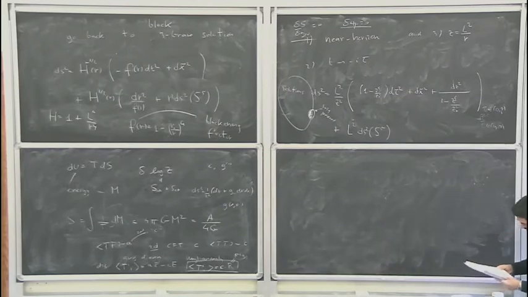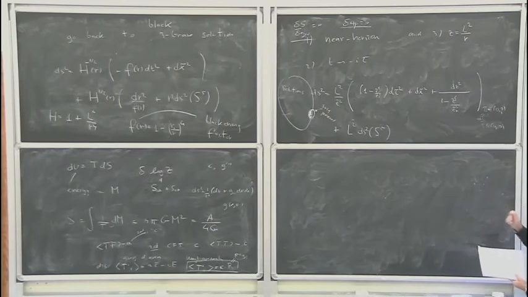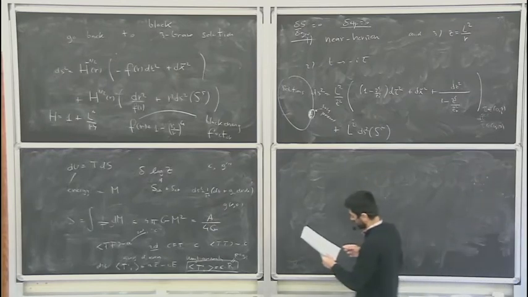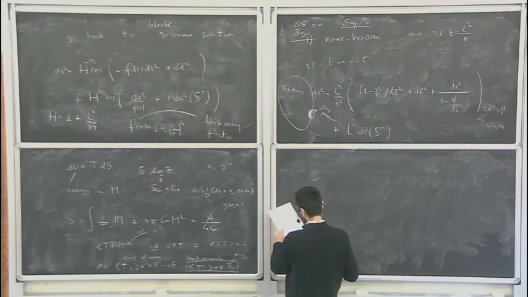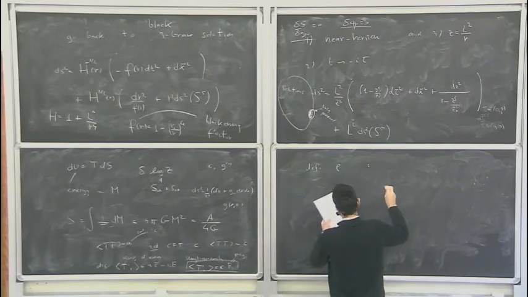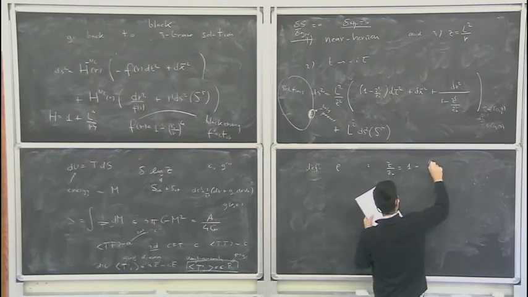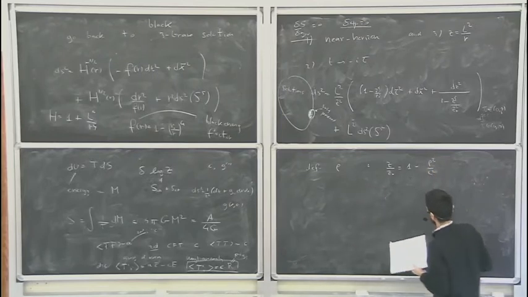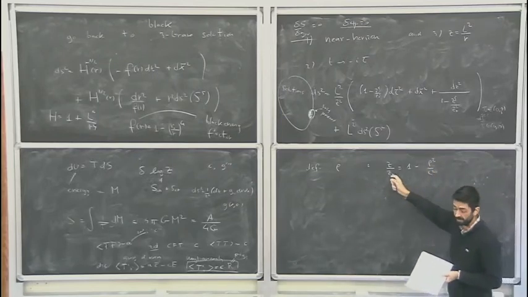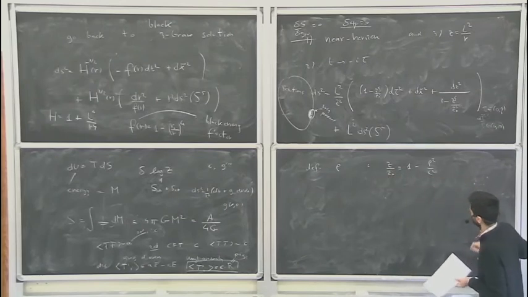So now perhaps I don't have to do this calculation in full detail again, but it really follows exactly the same steps as for the Schwarzschild black hole. So we can define a new coordinate rho through z over z star equal to 1 minus rho squared over L squared, so that when z goes to z star, the position of the horizon in Lorentzian signature, then rho goes to 0.